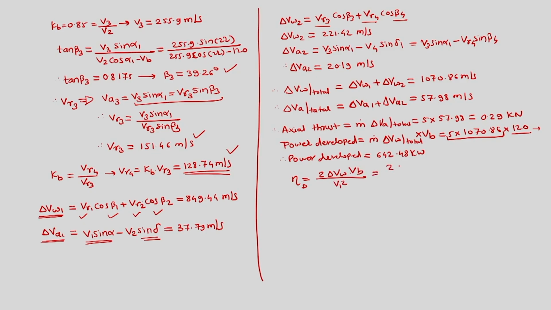So we have 2 into 1070.86 into 120 divided by 600 square. So diagram efficiency is equal to 0.7139 or 71.39%.